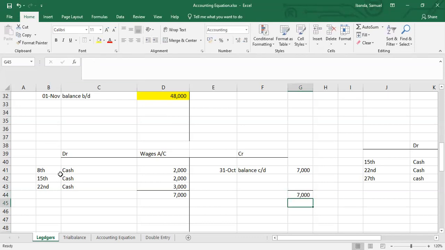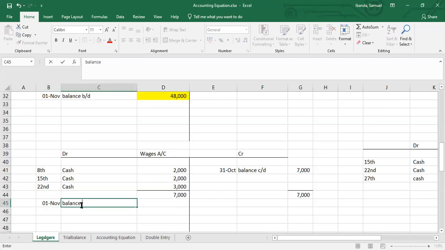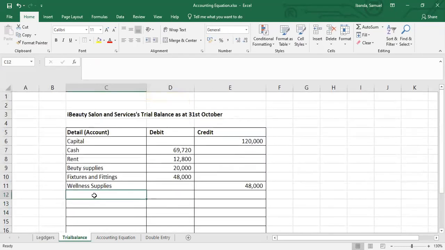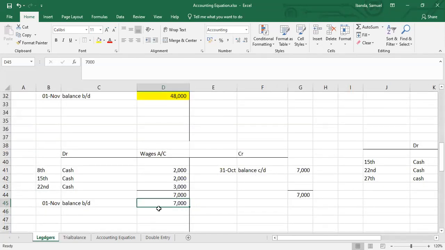And then on 1st November, I'll have my balance brought down of the same value, 7,000. So when I come to the trial balance, under wages, I put my 7,000.